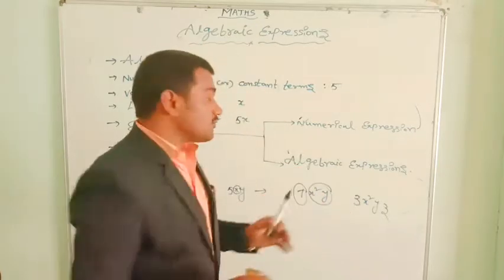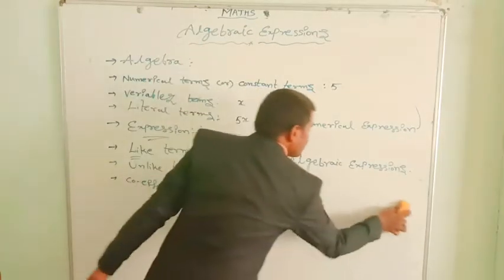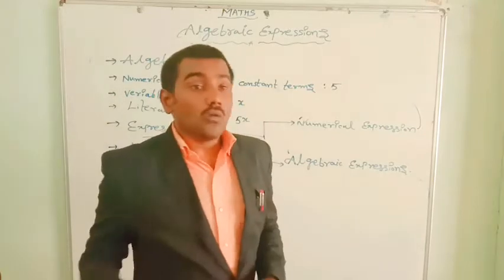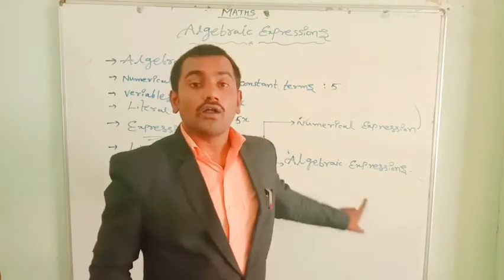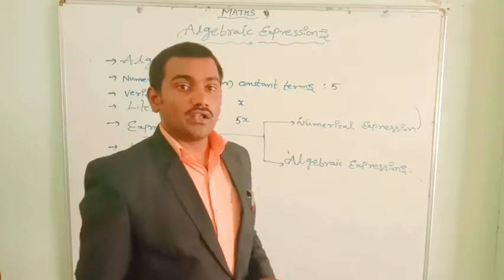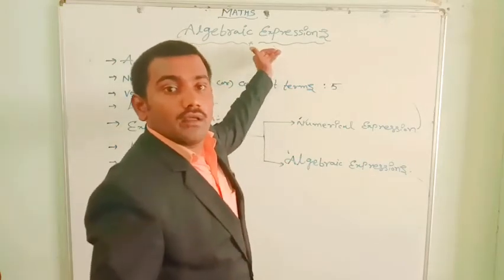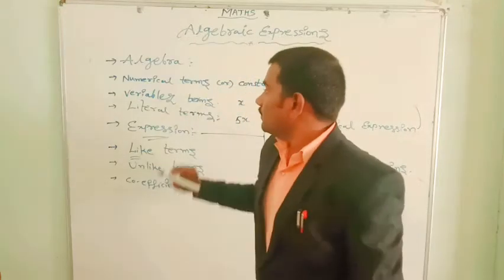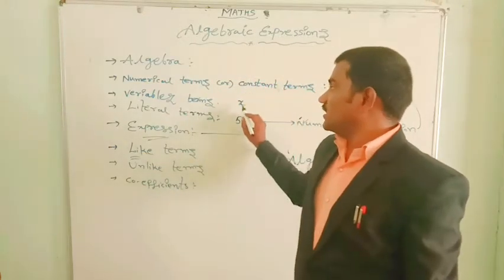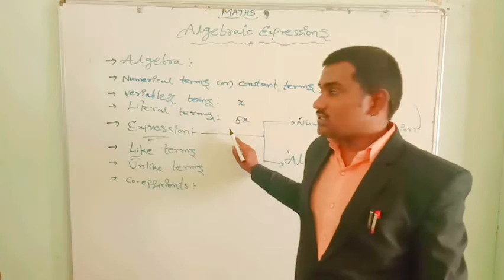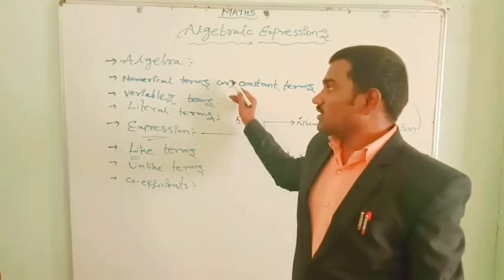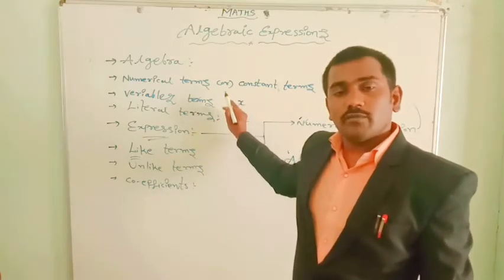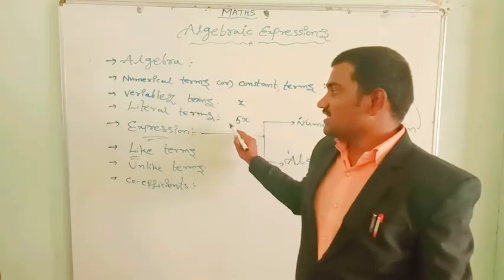Now, next, this is the topic to be learned: what are the types of algebraic expressions? Just now we have learned what algebra is, what a constant or numerical term is, what a variable is, and what a literal term is. A combination of constant term and literal term is known as a constant and variable term.